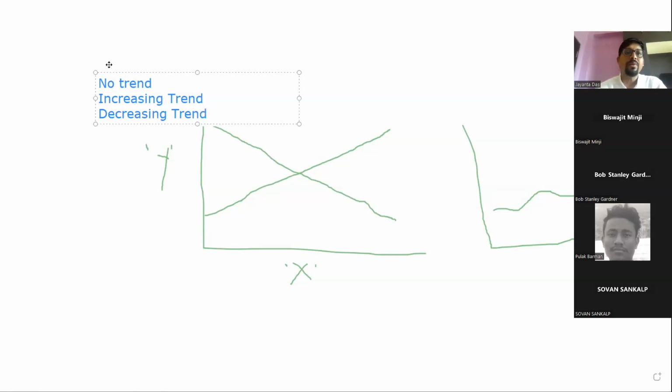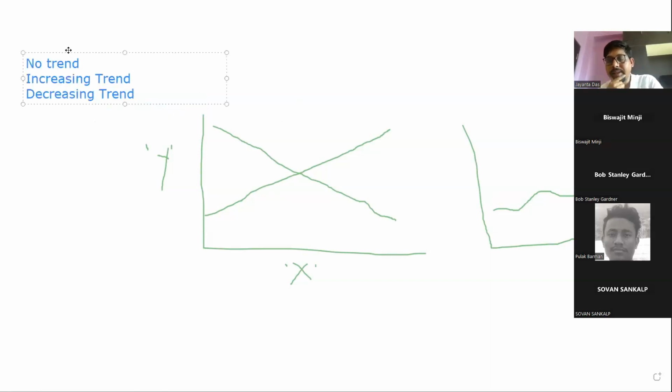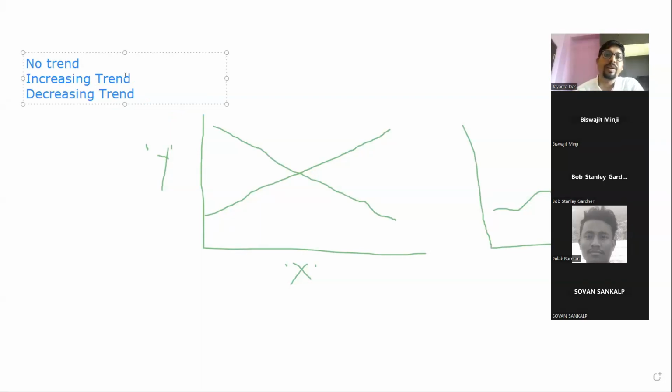Now, when you calculate any trend analysis, no trend means obviously 0. An increasing trend means a positive value, a decreasing trend means a negative value. And if you calculate anything, ideally 0 is not possible.